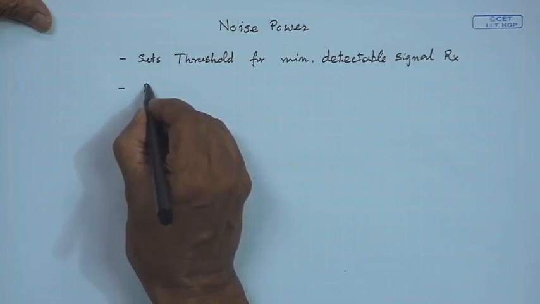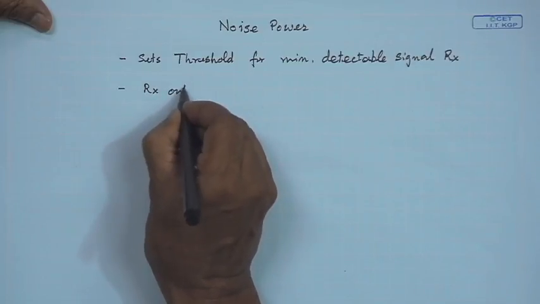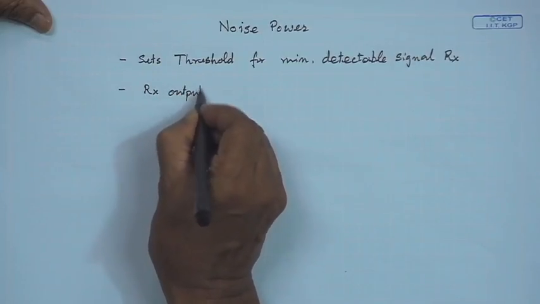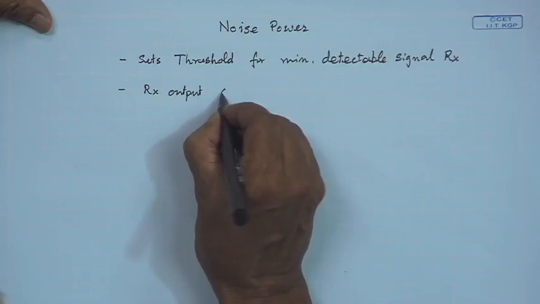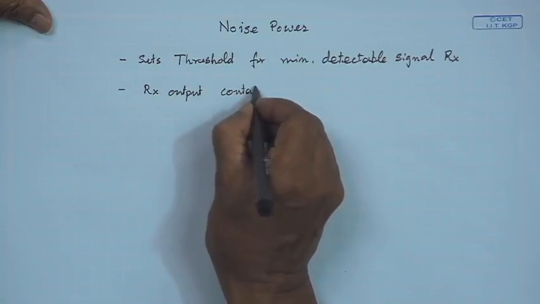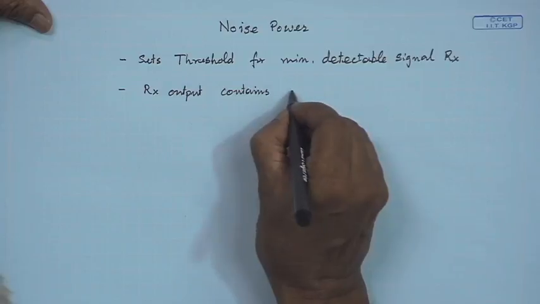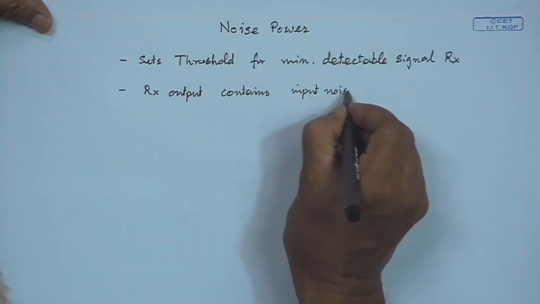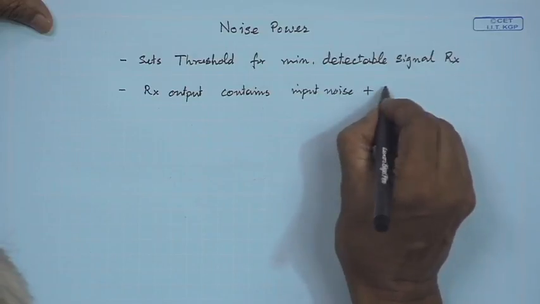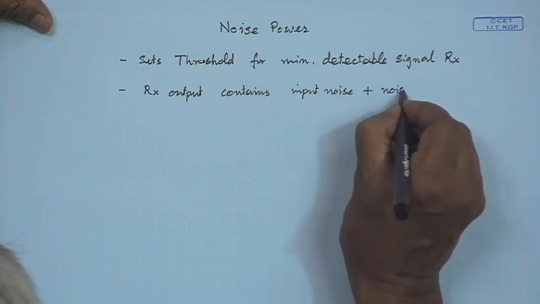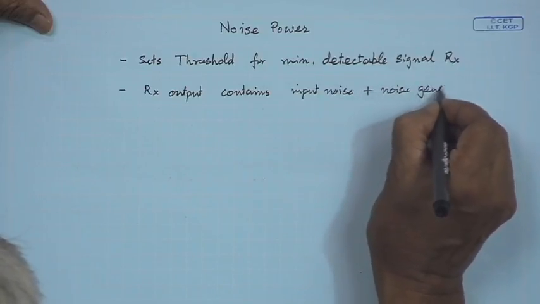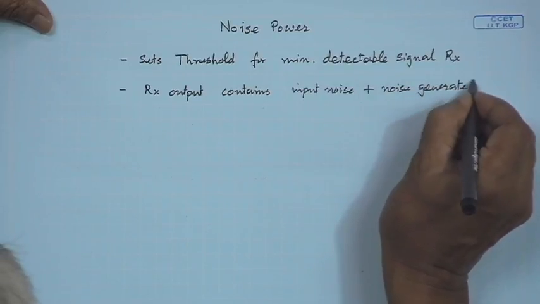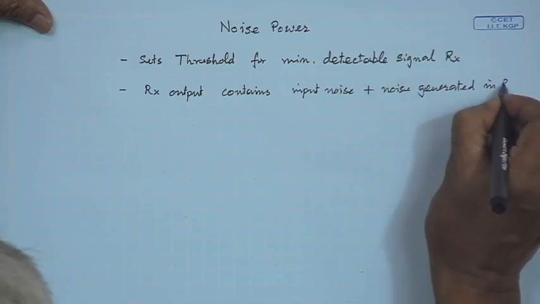Now, the receiver output will contain the input noise plus noise generated in the receiver.